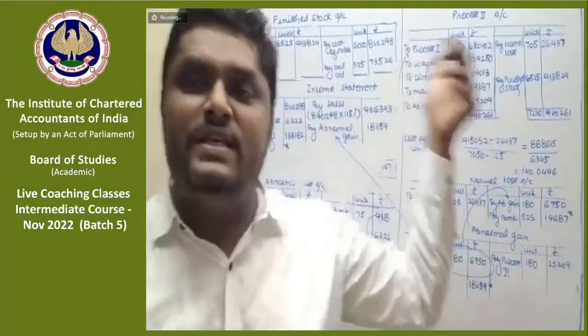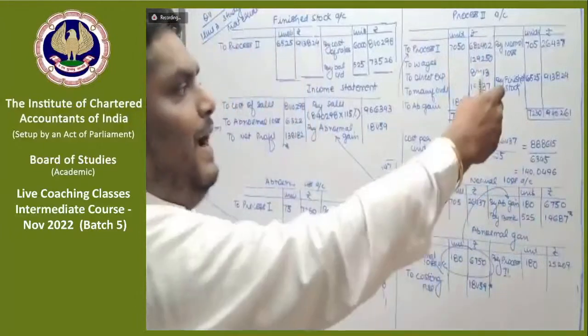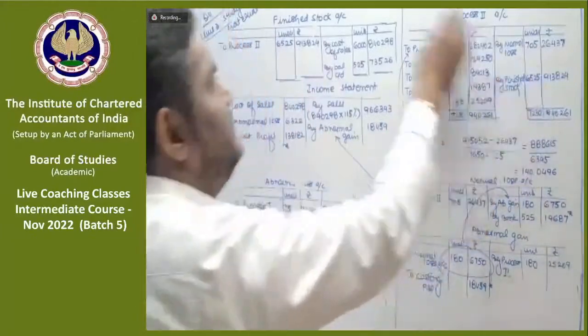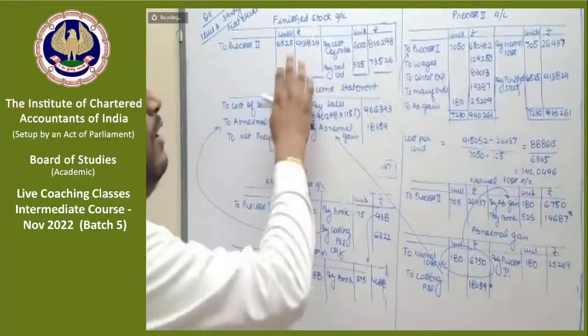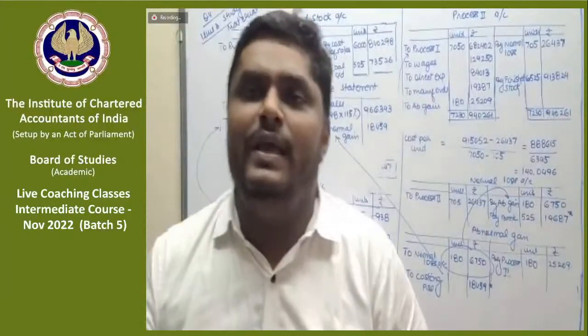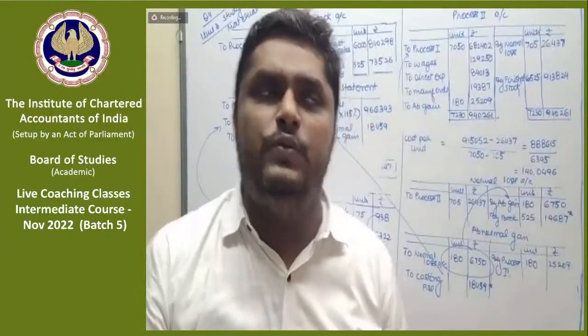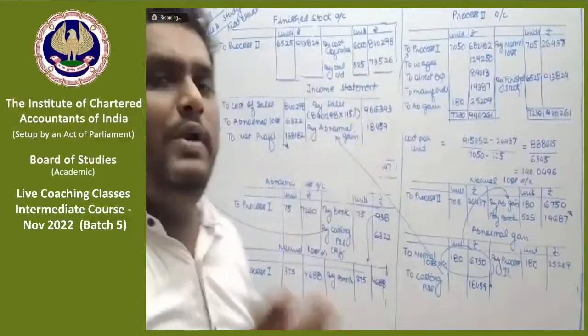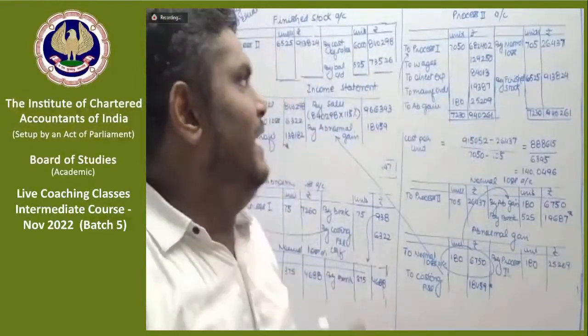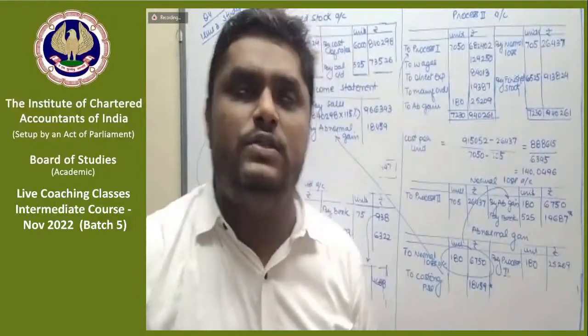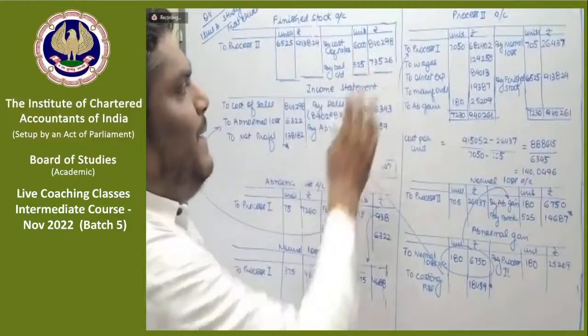Thereafter, we discussed the finished stock account, wherein the output of process second is transferred to finished stock. It is given clearly that 6,000 units were sold. It means 6,000 units will be transferred to cost of sales and the balance units will be left out in stock as closing balance, that is by balance CD.